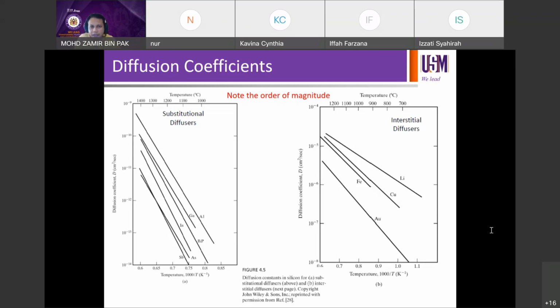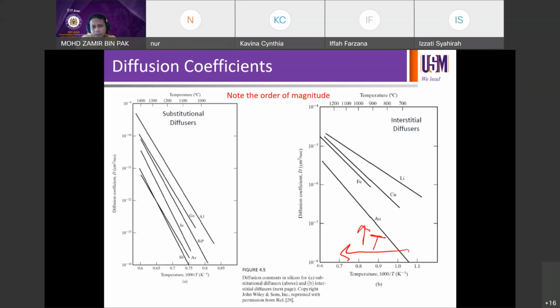So if you look at the x-axis on both graphs, say you look at the interstitial on the right hand side, if you increase the temperature, that means you are running your process to the left, right? Increase temperature, because the x-axis is the inverse of temperature.